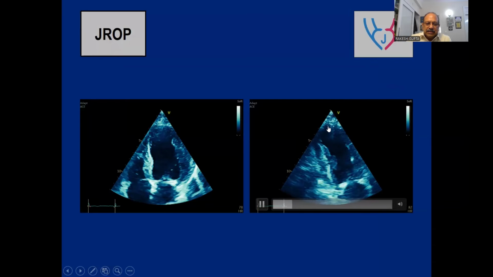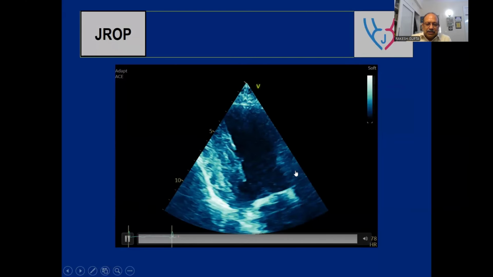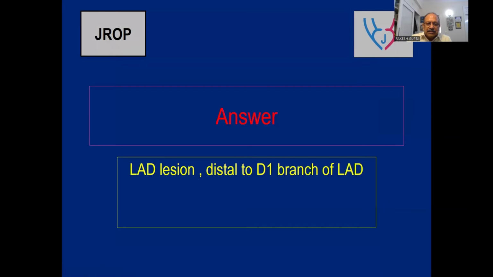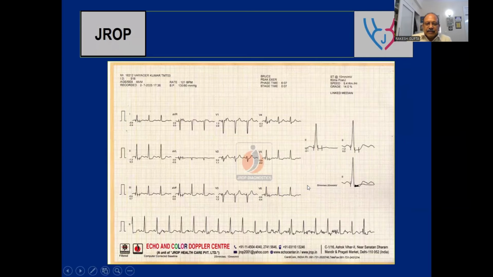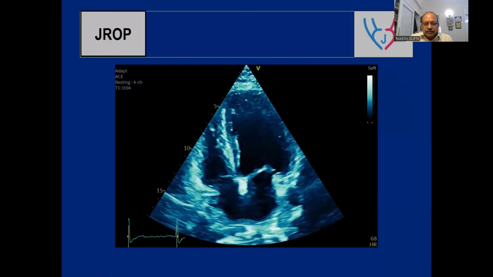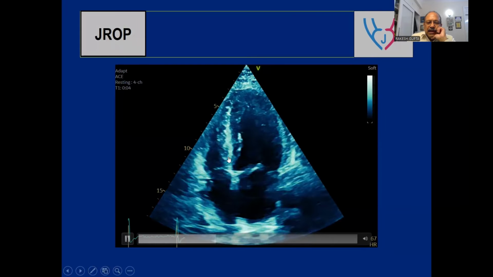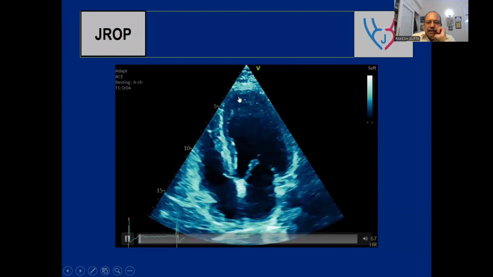Same apex over here. Now look, this basal anterior septum is contracting now. This is hypokinetic. Answer is distal to D1 branch of LAD. Very clear picture. Septum is doing well. Basal, middle, apical.